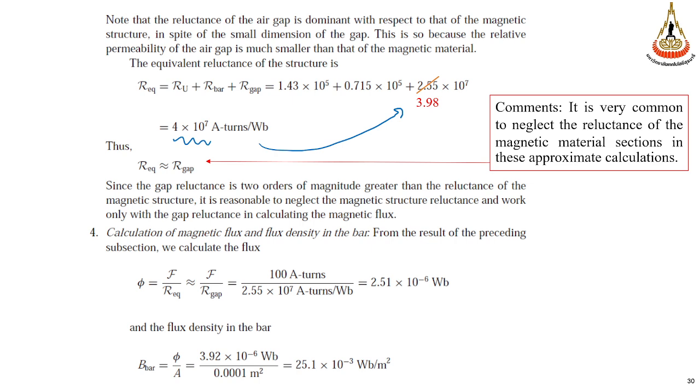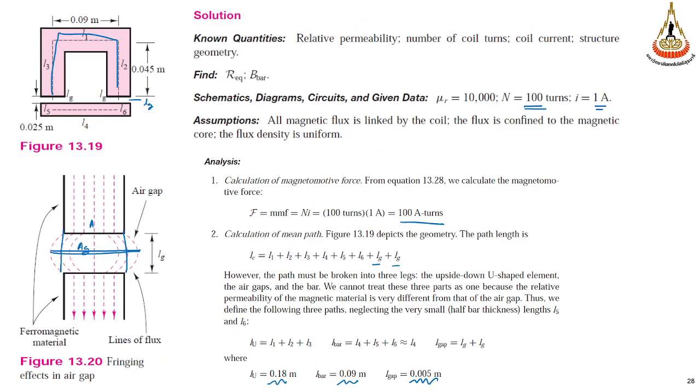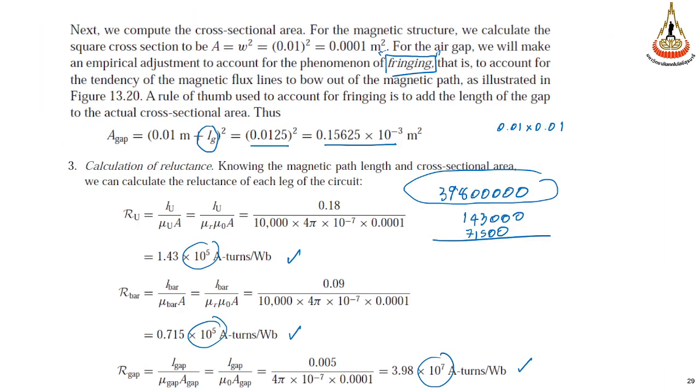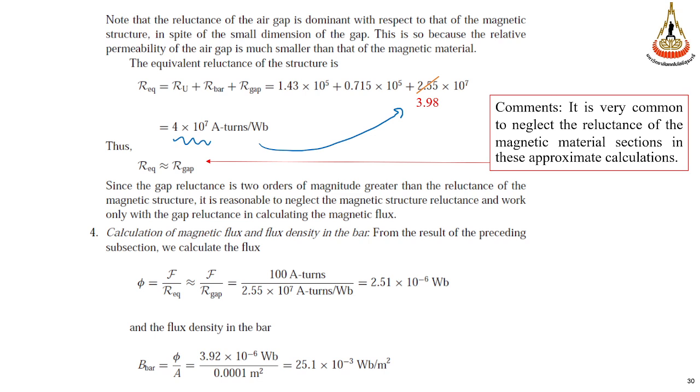So if we neglect the reluctance of the core material, we can calculate the total reluctance just from the air gap here.